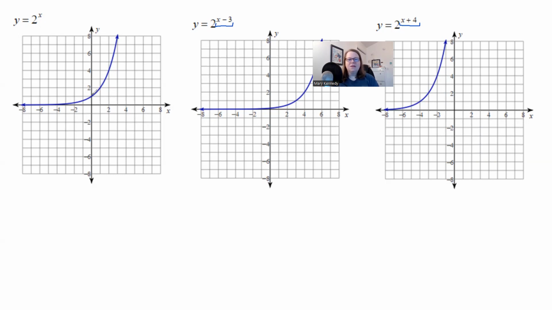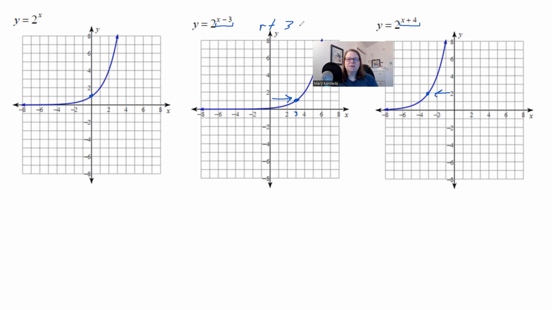Well, this shape has moved over to here, right? That's kind of where that turn is, like I'm seeing here. It moved this way. That's 3. It moved right 3.